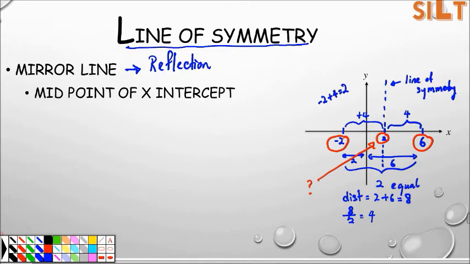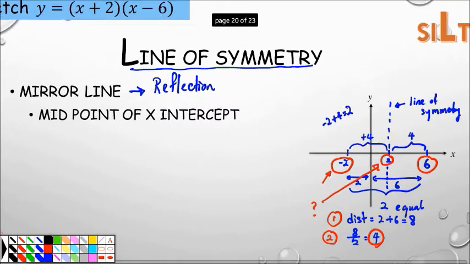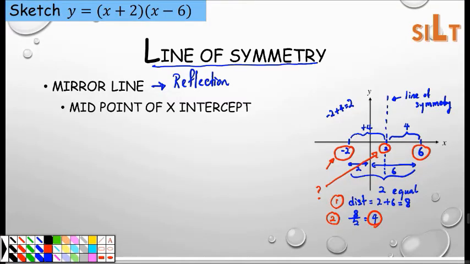So what I do is I find the total distance, and then I divide by 2, and then I will take the first value plus the distance to give you the line of symmetry. The steps sound a bit complicated, so let us look at the x-intercept again.